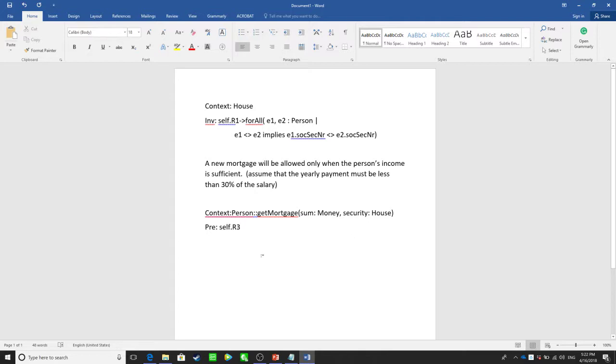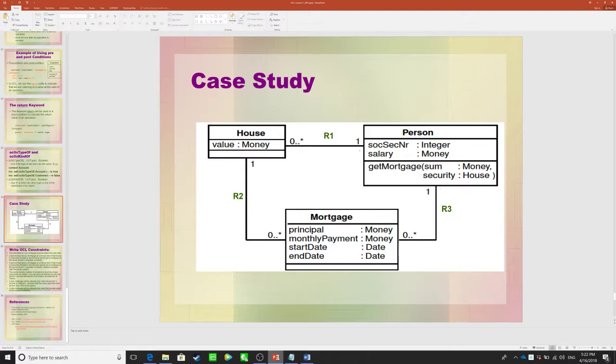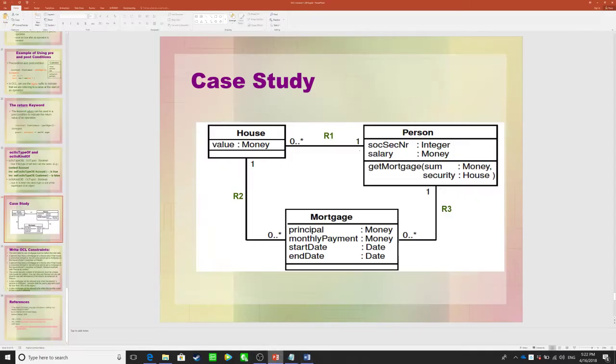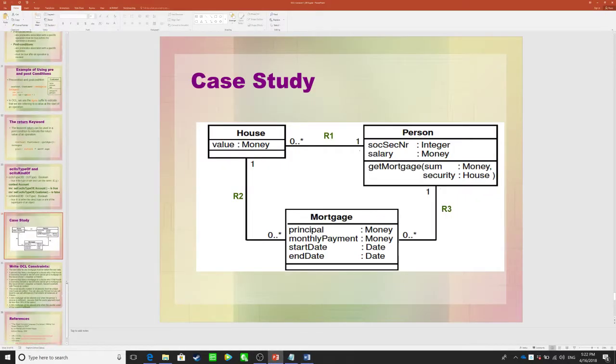Yeah, we actually did this R3. If you remember, with R3 we can still dot monthly payment. So that's basically a set, right? And if you remember, we have a function called sum. Let me pour this out for you.